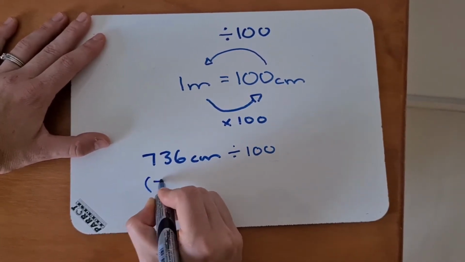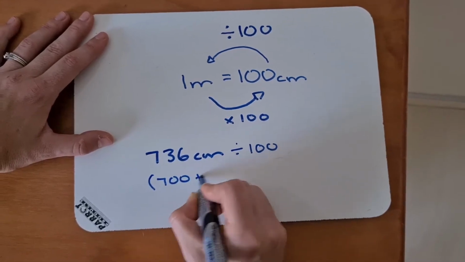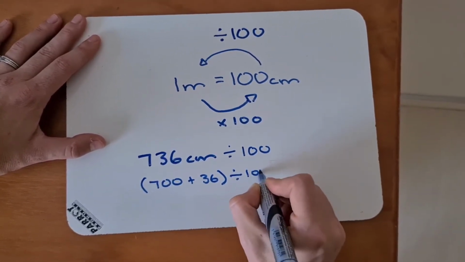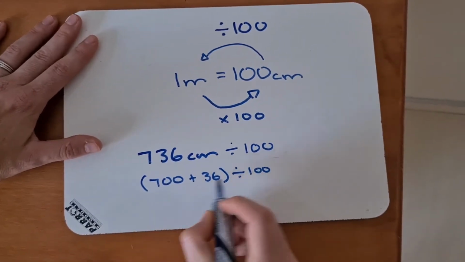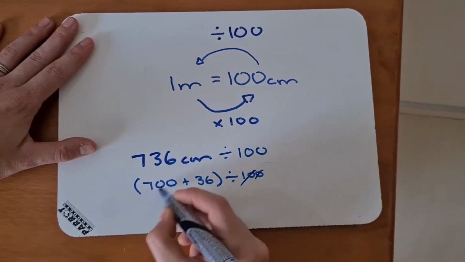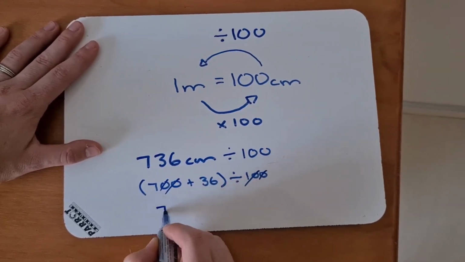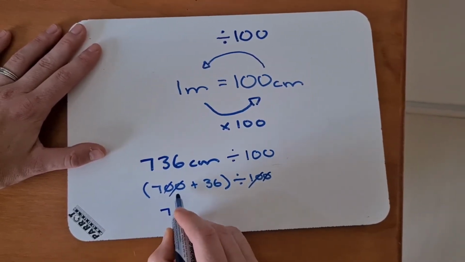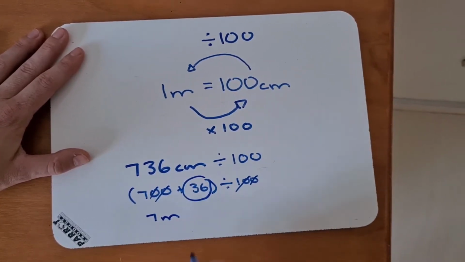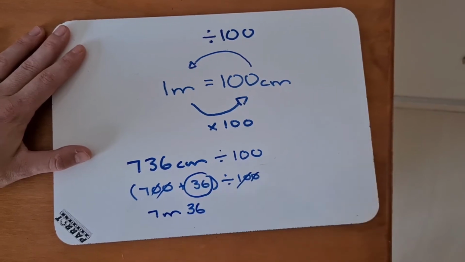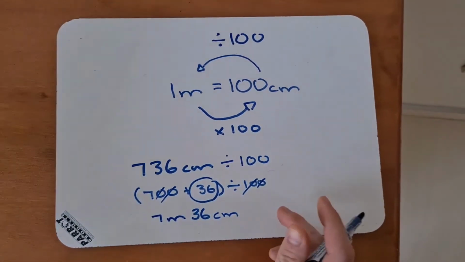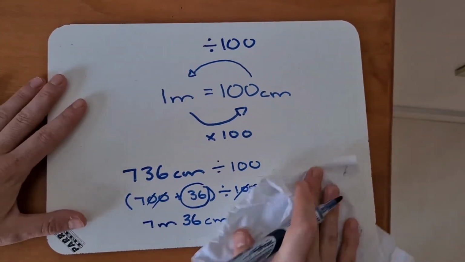So if we had to break this up into 700 plus 36, and then we said divide by 100, then I could say 700 can easily divide by 100, because those will just cancel out, and I end up with 7, and that would be 7 meters. And then I've got this 36 left over, and I'm sure you can guess that that is going to be 36 centimeters.